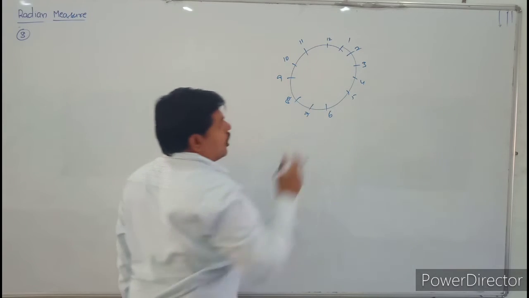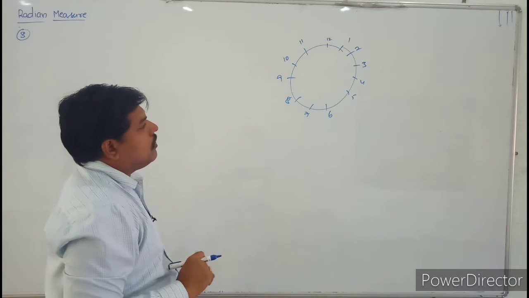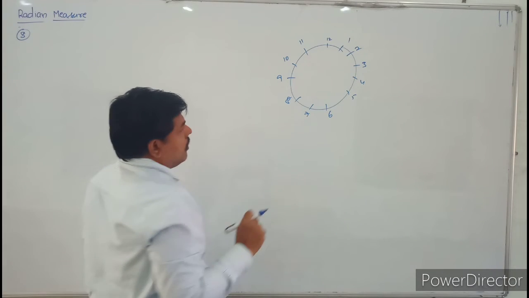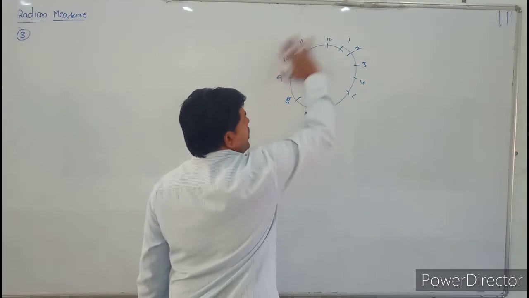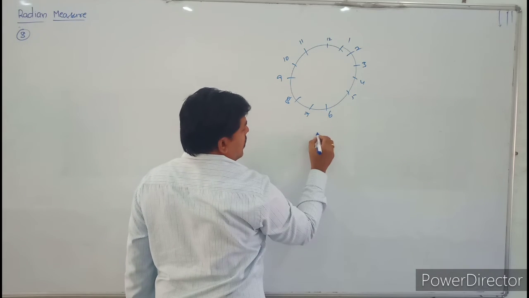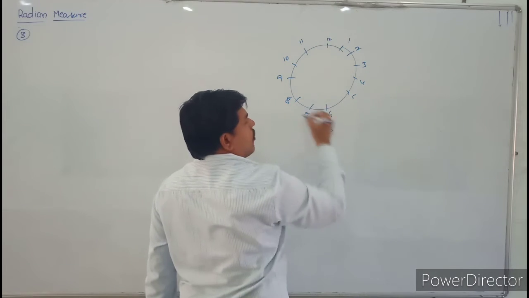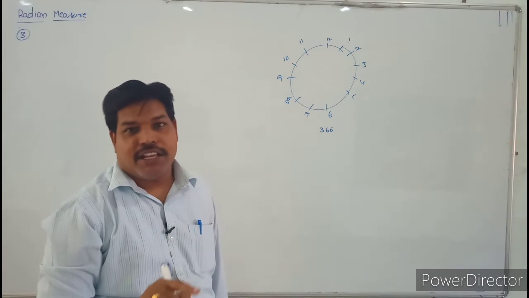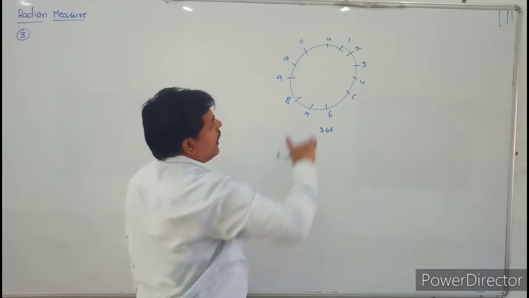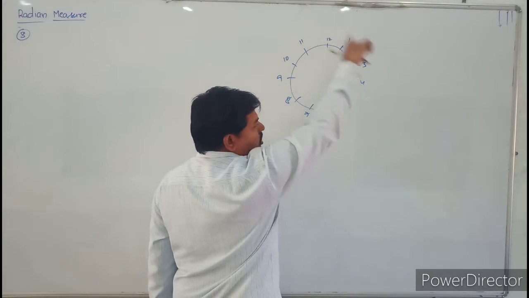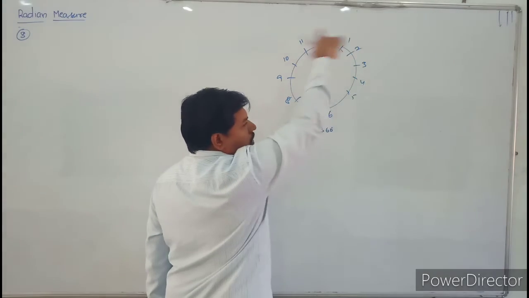So see here, if you are taking the clock, what is the meaning of that? One complete rotation is nothing but 360 degrees. Yes or no? Here the total rotation is divided into 12 hours.